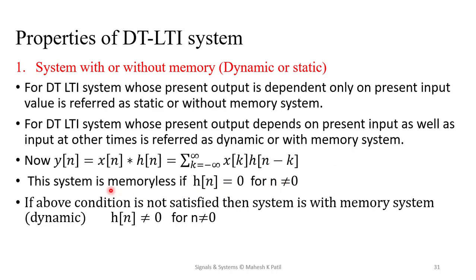Similarly, if this condition is not satisfied, then the system is said to be a dynamic system, that is a system having some memory. For that case h of n is not equal to 0 for n not equal to 0. So this is system with or without memory.